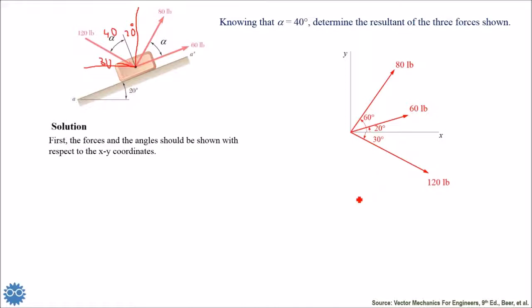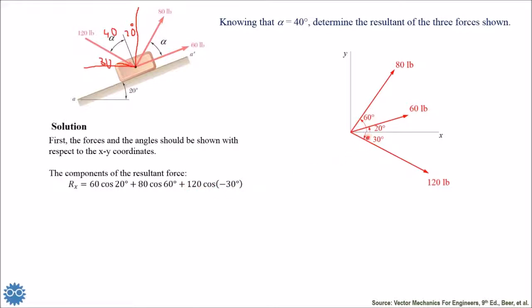Now, actually, we can say that the solution is easier, but instead of computing by using a table, I can compute every component individually. So we can take Rx alone and compute it by knowing the angles. Here we have 60 cosine 20 plus 80 cosine 60 plus 120 cosine of minus 30. Why?